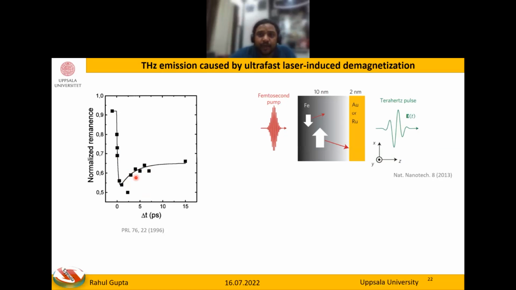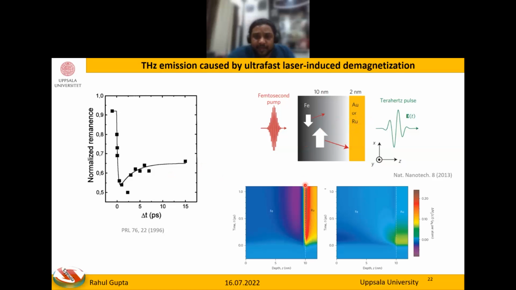But if you attach a very low spin orbit coupling material to the ferromagnetic layer, then one would also get a terahertz emission because of this phenomenon. However, if you have a ruthenium or gold capping layer, one would get a trap of terahertz current in the ruthenium layer as compared to the gold because of the higher band velocity, since it is not a completely d-filled orbital.